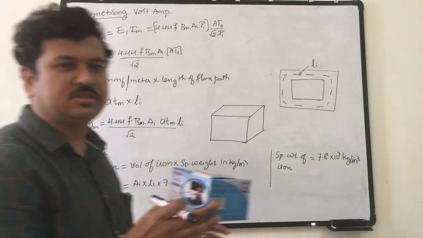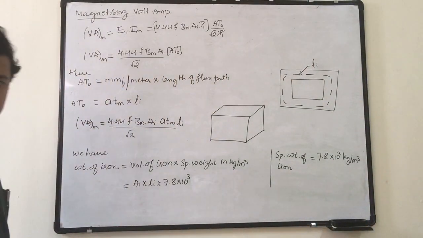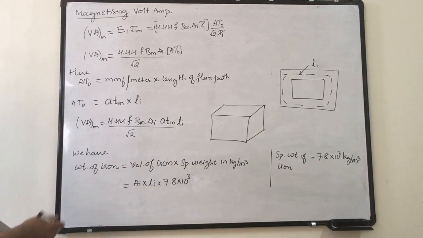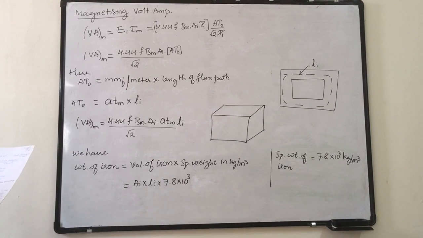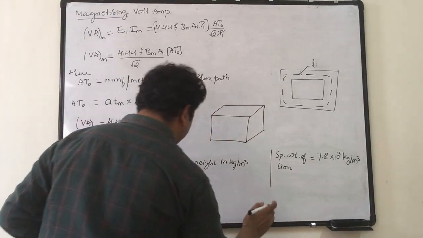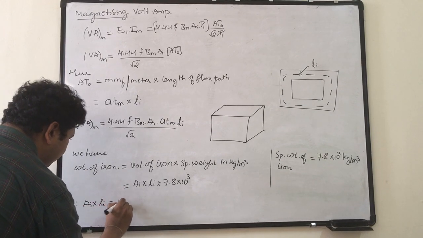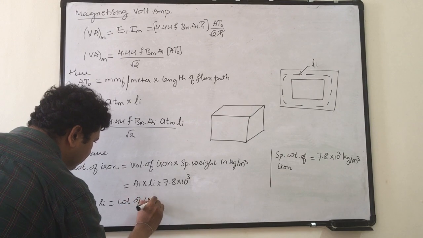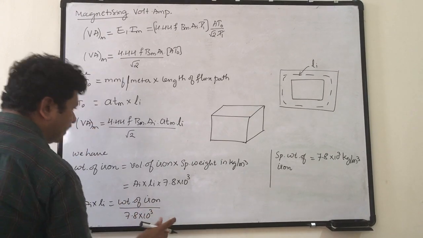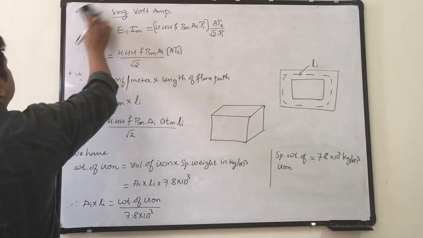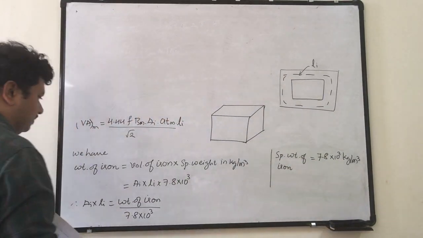It is 7.8 tons. So that is the meaning of specific weight. If I multiply it by volume, Ai into Li, I get the total weight of iron. Therefore Ai into Li is equal to weight of iron divided by 7.8 into 10 to the power 3.